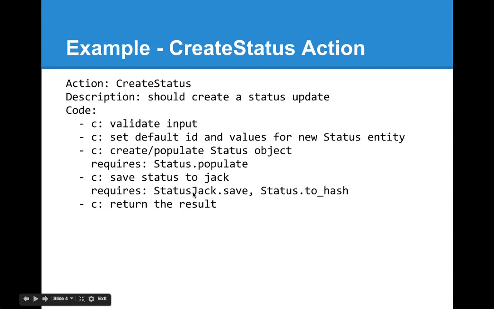So this code will then generate not only your create status action, but it will also generate your status entity, and it will also generate your status jack contract. And it just does it in a very high level way so that you still end up writing the code yourself. You still have to define these things, but it creates the stubbed out structure for you, and it creates some test guesses of what we think you might need to have in these cases.